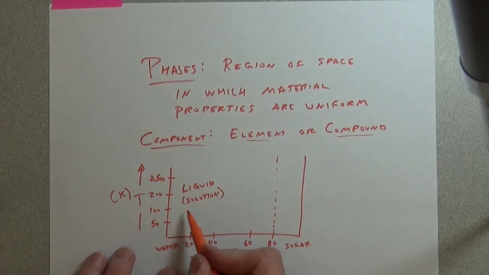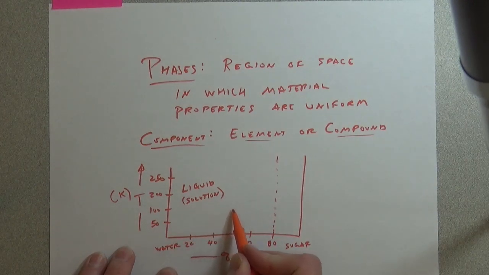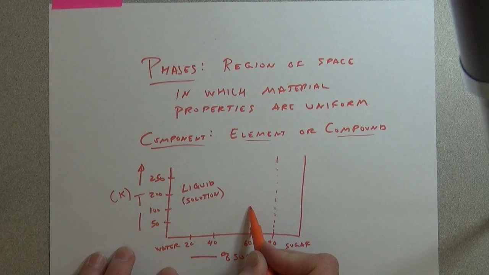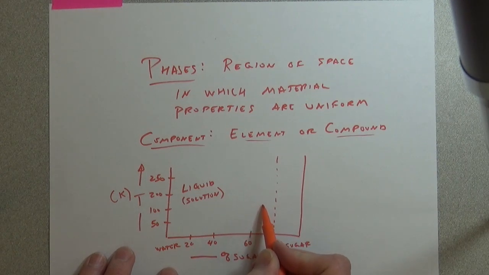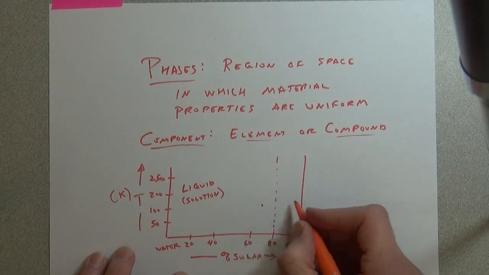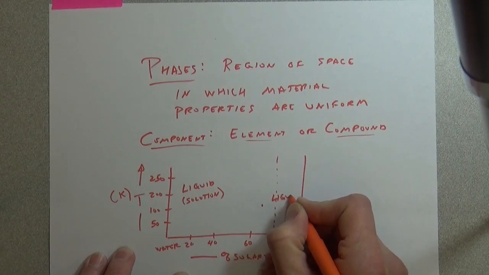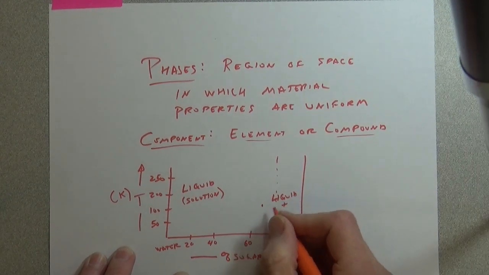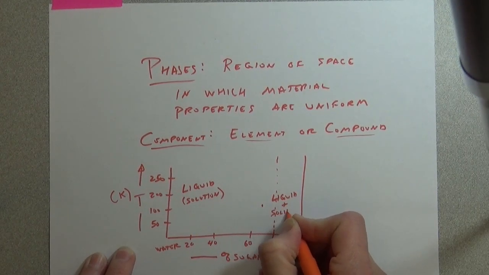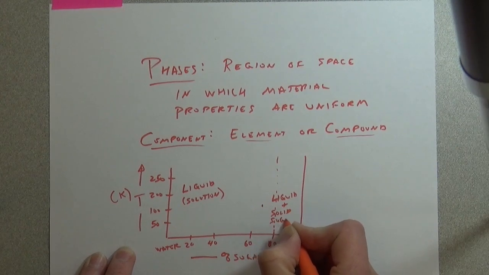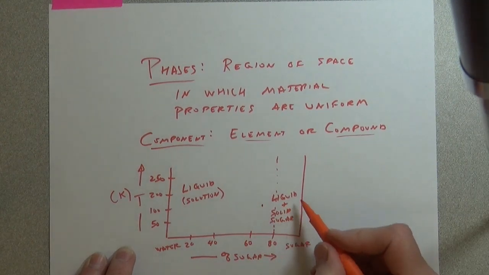But as we keep going over here, at some point we reach the solubility limit where we can't put any more sugar in. And as we add more sugar, it changes. And over here we have liquid plus solid sugar on this side.